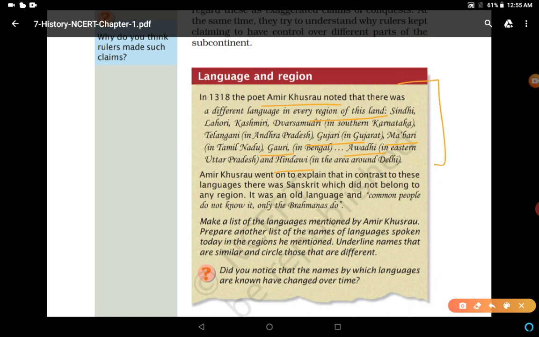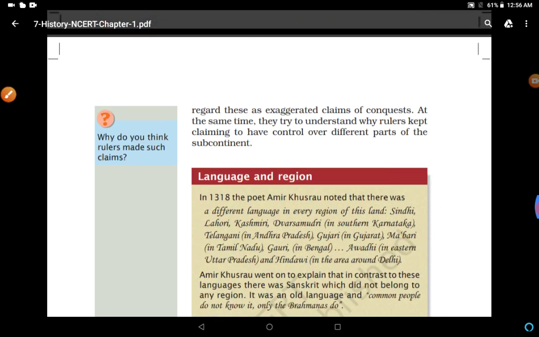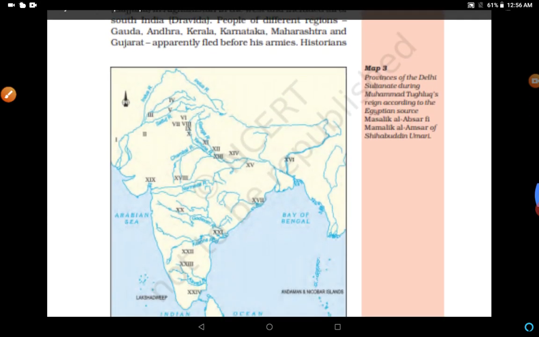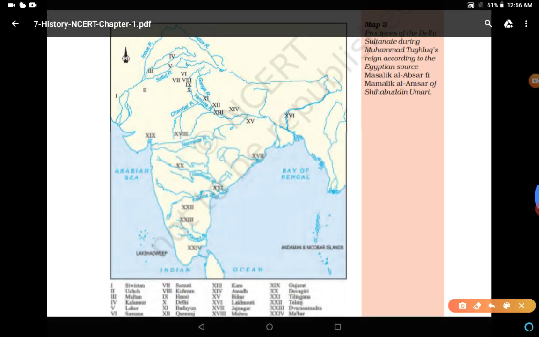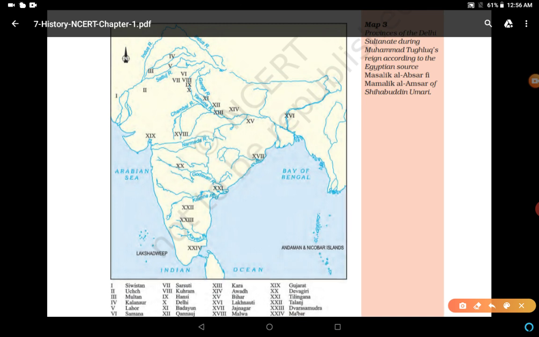Amir Khusro went on to explain that in contrast to these languages, there was Sanskrit, which did not belong to any particular region. It was an old language, and common people did not know this language, and only the Brahmins knew it. Let's see the location of languages, where these languages were spoken.